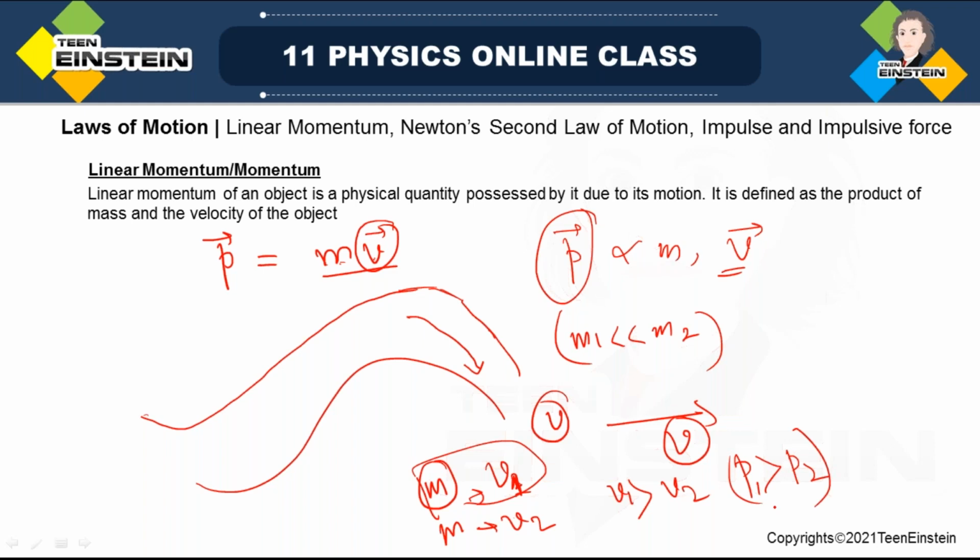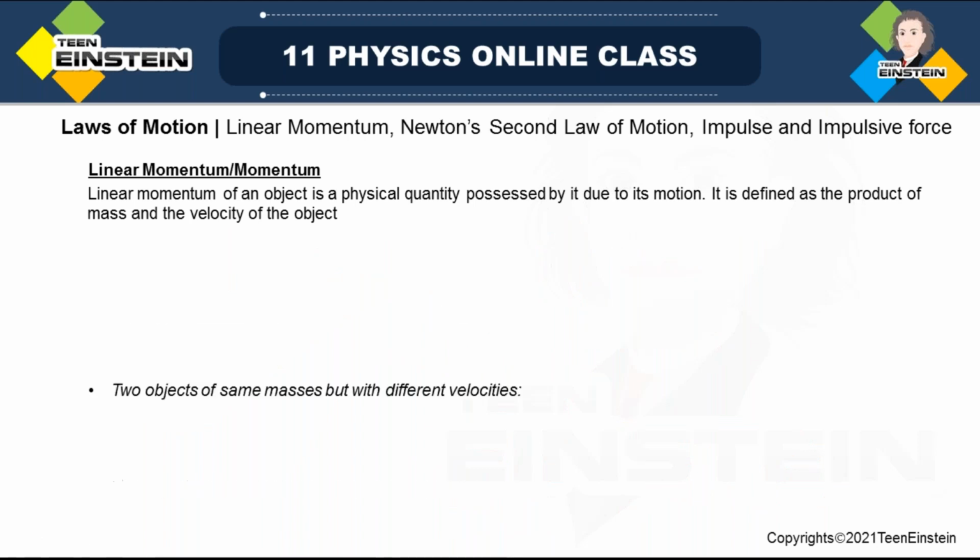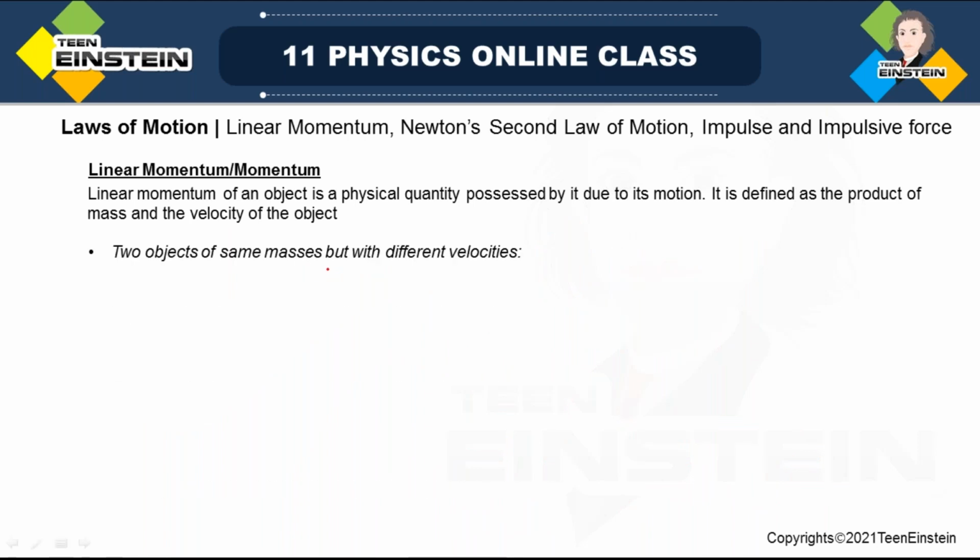Now slowly we'll see three conditions. When I have two objects having the same masses, moving with different velocities, I'll take both as m. This one with v1 and this with v2.